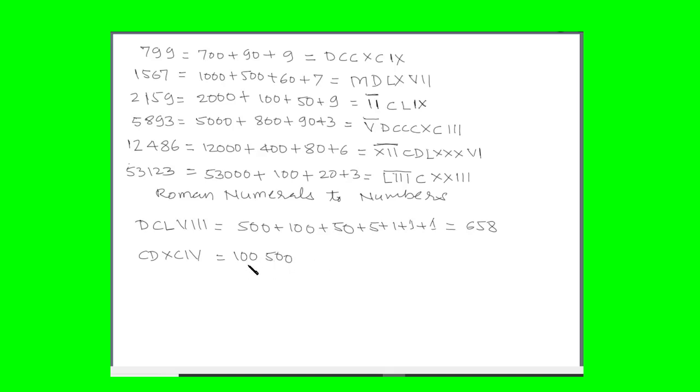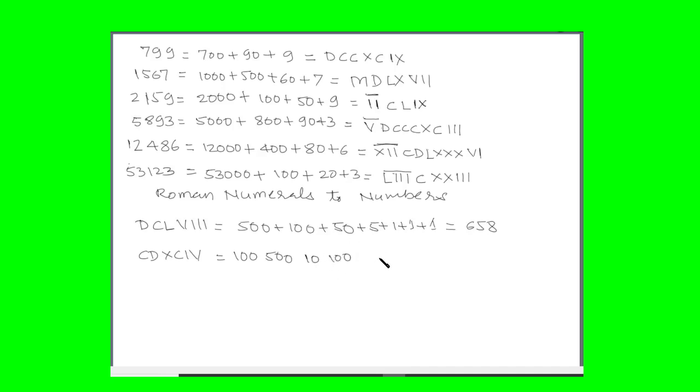So we learn about it. Then X is 10 and C is 100. Again here we get the smaller number to the left of a greater number.